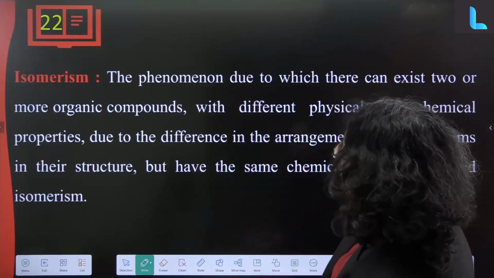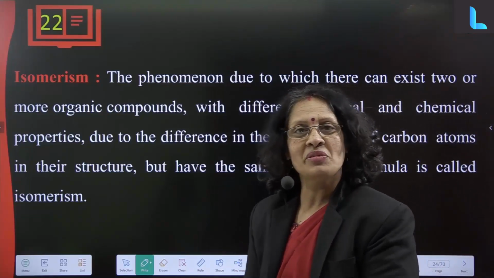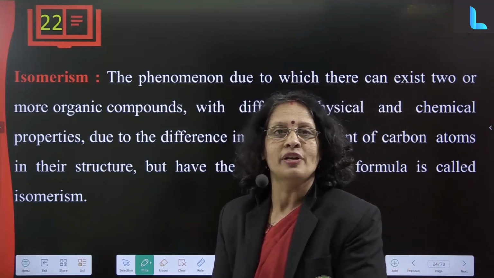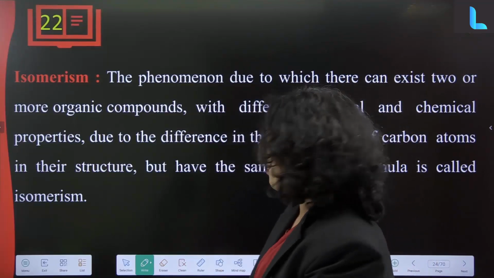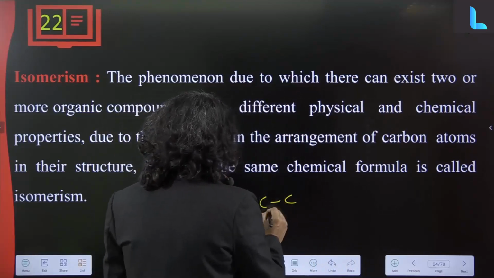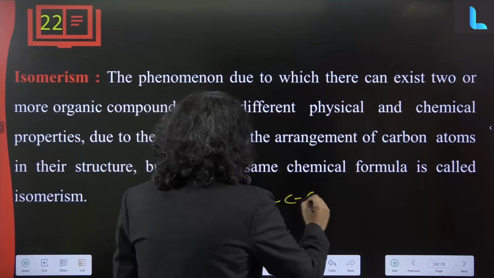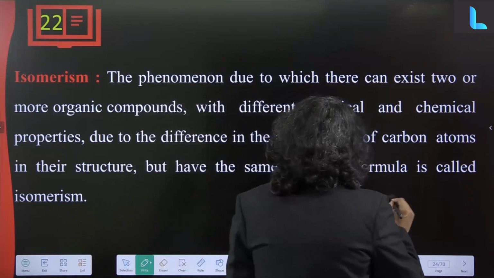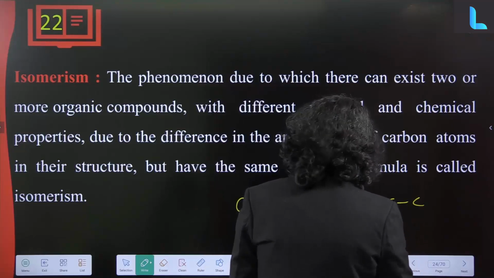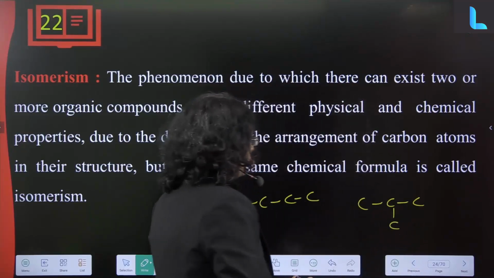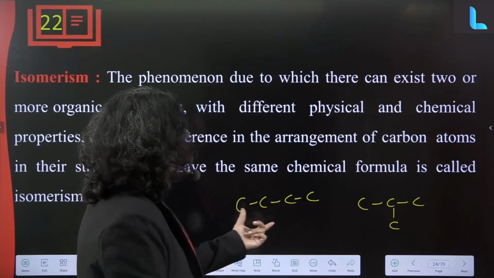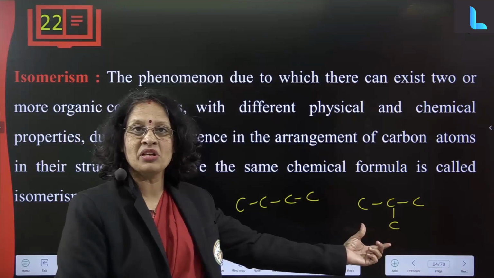Okay. Next we are talking about isomerism. Isomerism means the molecular formula will be the same, but the structural arrangement will be different. That is called isomerism. Like we can say here there is a carbon present. For example, there are 4 carbons in a straight chain, or we can say like this. Okay. So if we look at the molecular formula or number of atoms, there are 4 carbon atoms here, 4 carbon atoms here also.